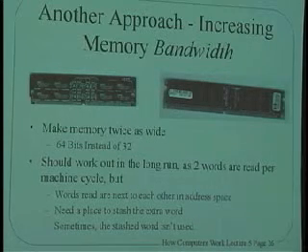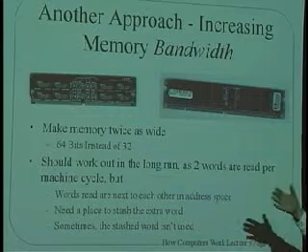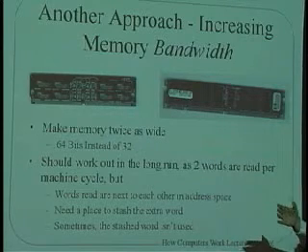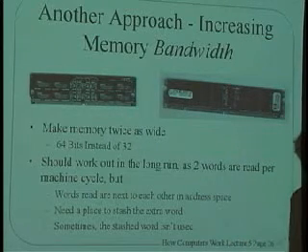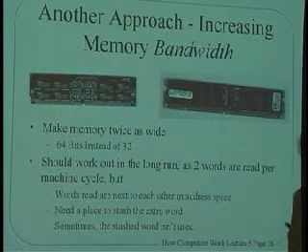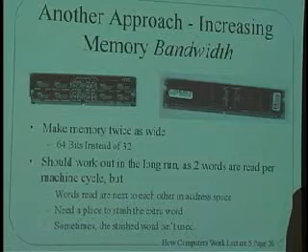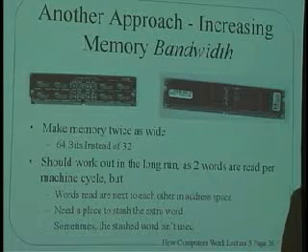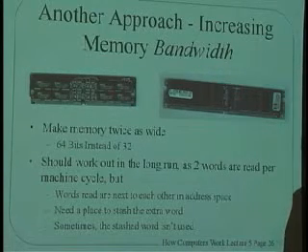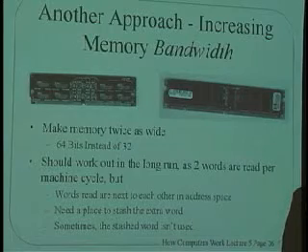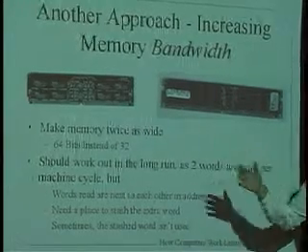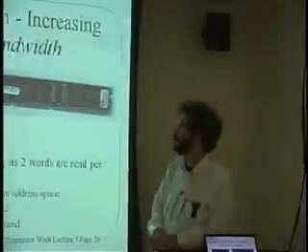But it depends on the fact that if I fetch 64 bits out of the memory, what I'm really doing is fetching 2 consecutive 32-bit words, and I'm hoping that if I fetch this one, then I'm going to need this one next. And you remember, because of locality, sometimes that's true, often it's true, but sometimes it's not. And we can get into trouble if we fetch a whole lot of stuff and part of it's not used.